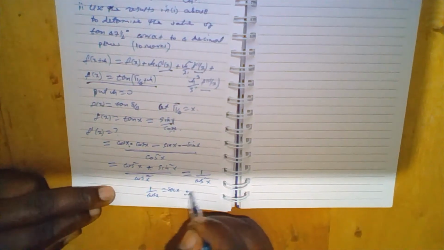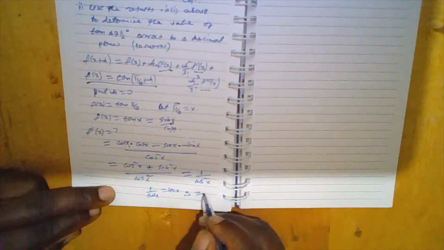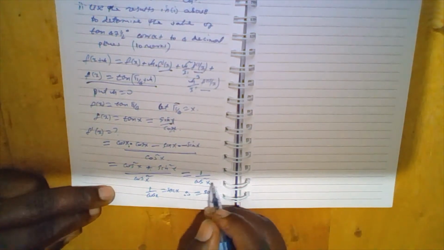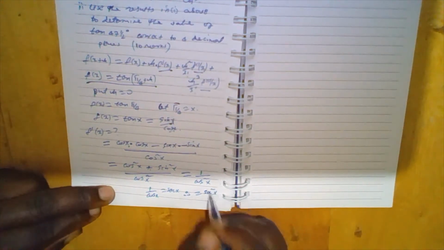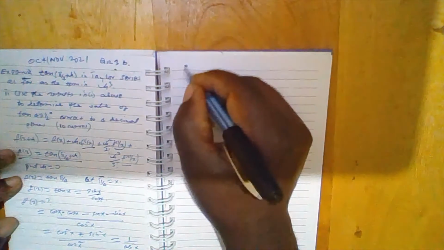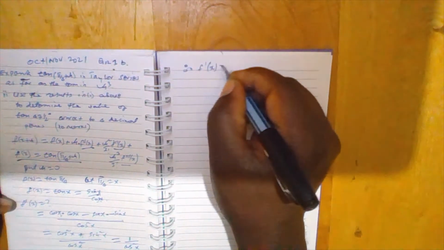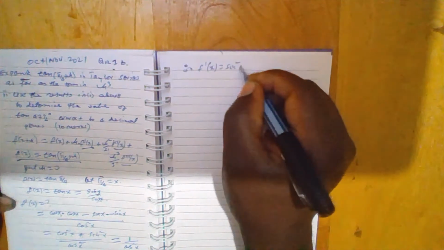Therefore 1 over cos squared x is equal to sec squared x. Therefore, we are saying that f prime of x equals sec squared x.